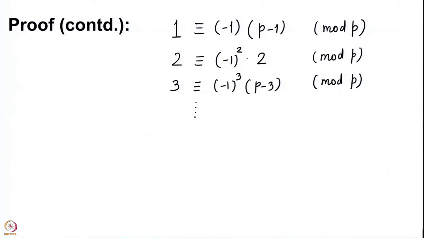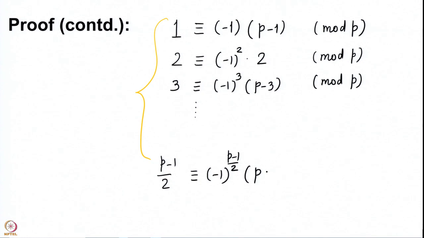If you observe this carefully, what we are doing on this side is writing all the elements which are up to (p-1)/2. So our last number here would be (p-1)/2 congruent to (-1)^((p-1)/2) times (p+1)/2 or (p-1)/2, mod p. I will explain what we are looking at.